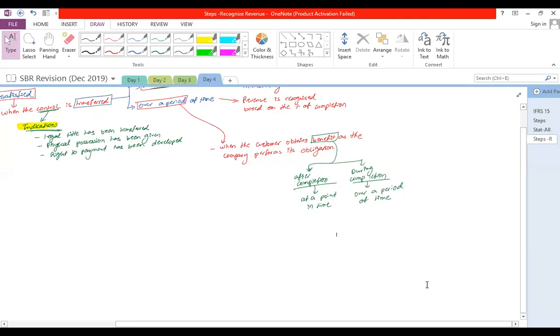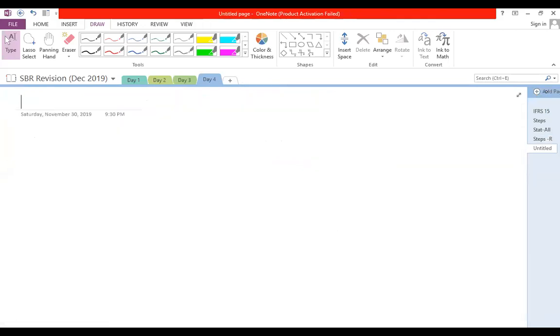Actually, in this case, we will recognize 70% as revenue when consumed. 70% will be recorded as revenue when they are consumed. And what about the remaining 30%?